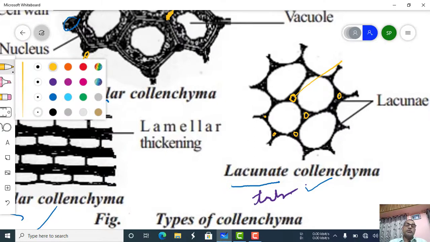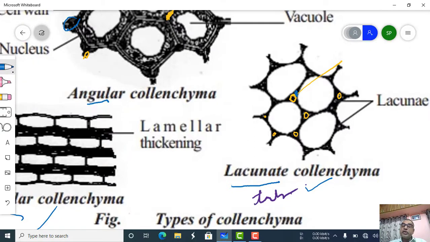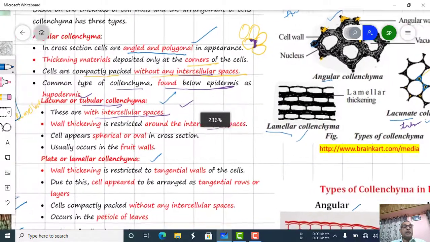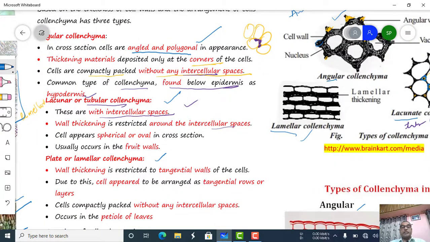So if an intercellular space is present and wall thickening is present around it, then it is called lacunar collenchyma. Cells appear spherical to oval in cross section and usually occur in fruit walls.